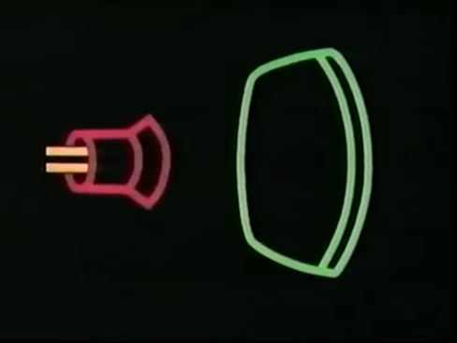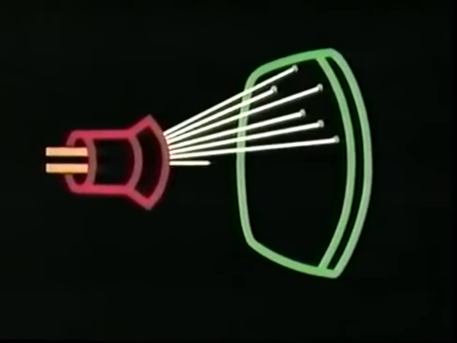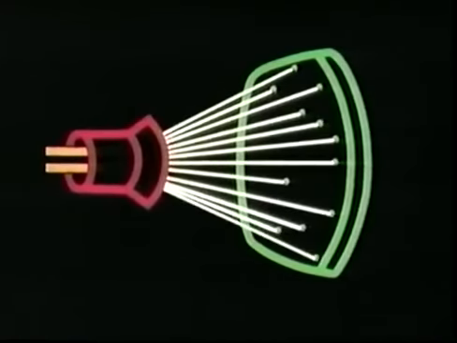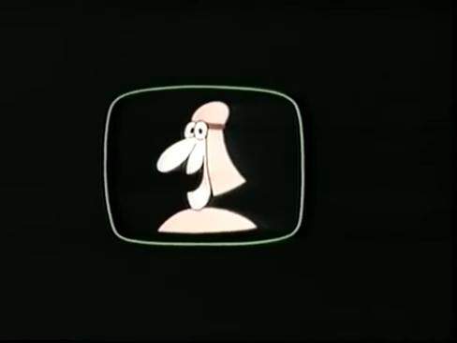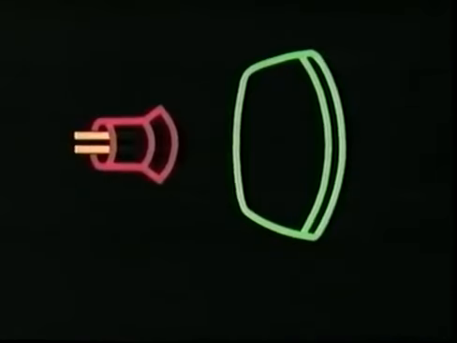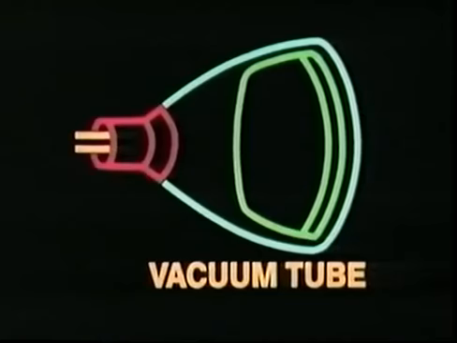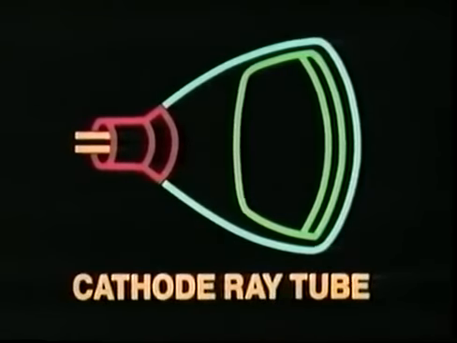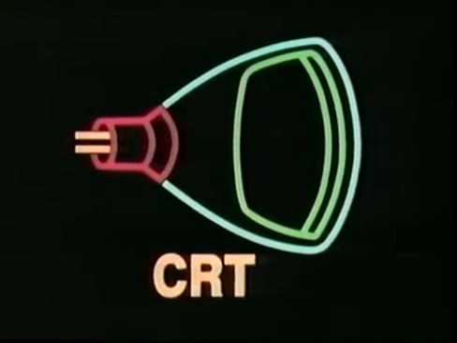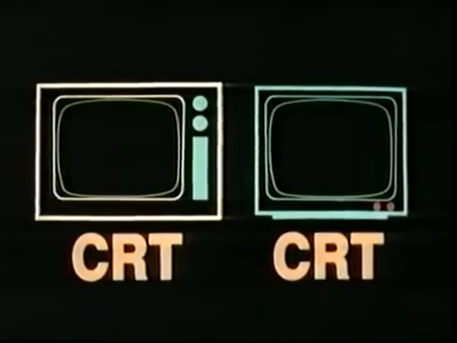And it is patterns of various parts of the phosphor that either glow or do not glow that make up the picture that you see on the other side of the screen. The cathode and the phosphor-coated screen are encased in a vacuum tube, and this whole arrangement is called a cathode ray tube, or CRT. So both a TV set and a monitor can also correctly be called a CRT.